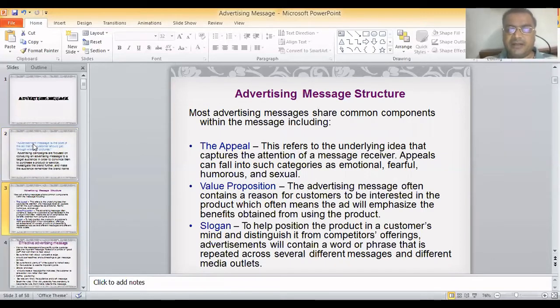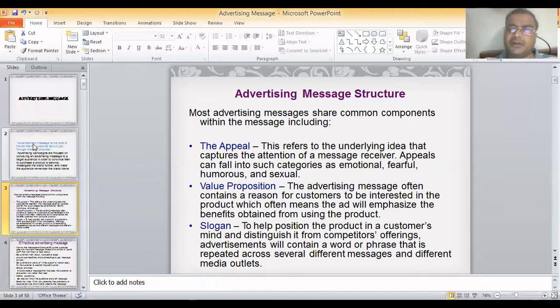What is the appeal of the advertising message? This refers to the underlying idea that captures the attention of the message receiver. Appeals can fall into various categories like emotional, fearful, humorous, or sexual. So this is called the advertising message appeal.